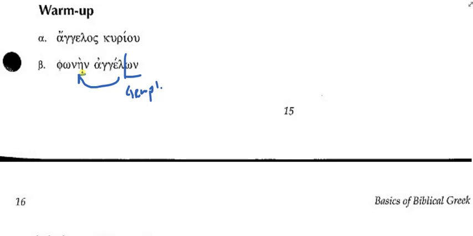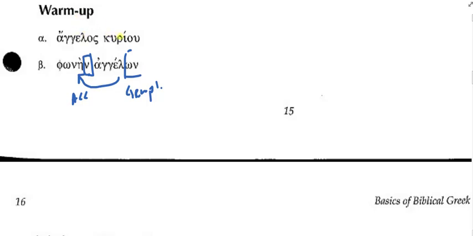In what case is phonane? You see the -n here? Yes, that is an accusative singular. So notice that my head noun was accusative. It could be any case, but the genitive noun that modifies it has to be genitive. So it's a voice of angels or a sound of angels or some such thing.